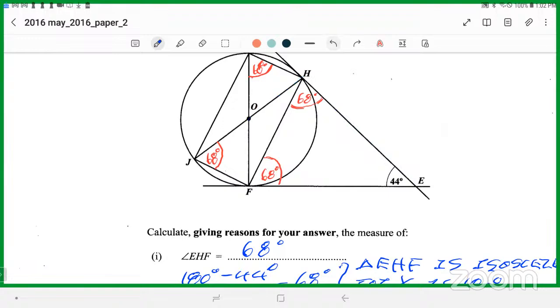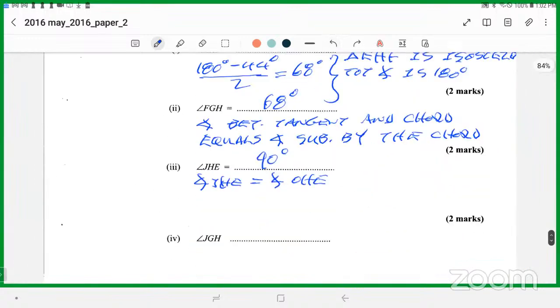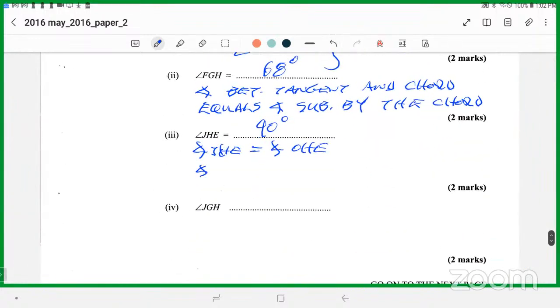Tangent and radius rule. Right? Angle between a tangent and a radius is 90 degrees. That's it.